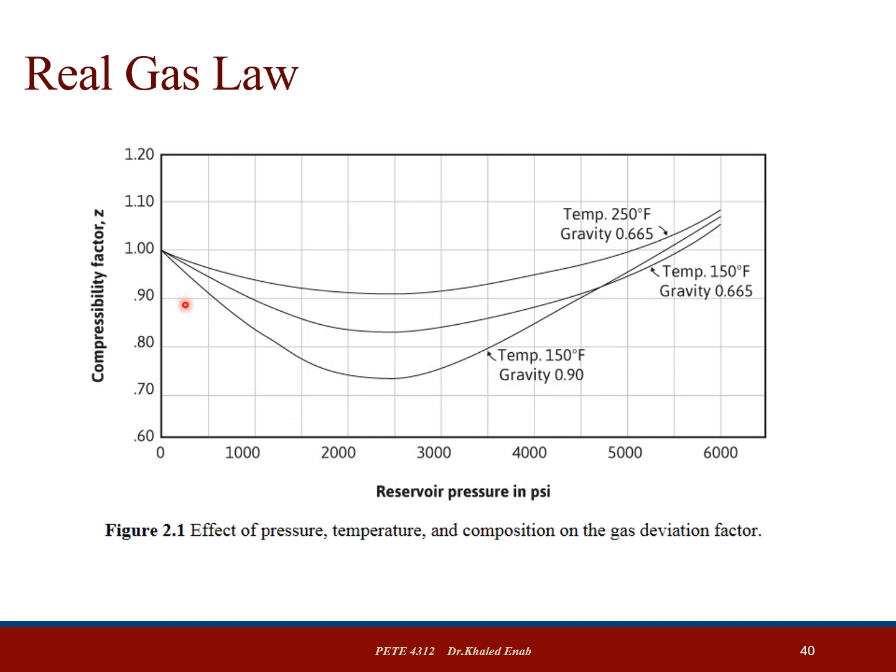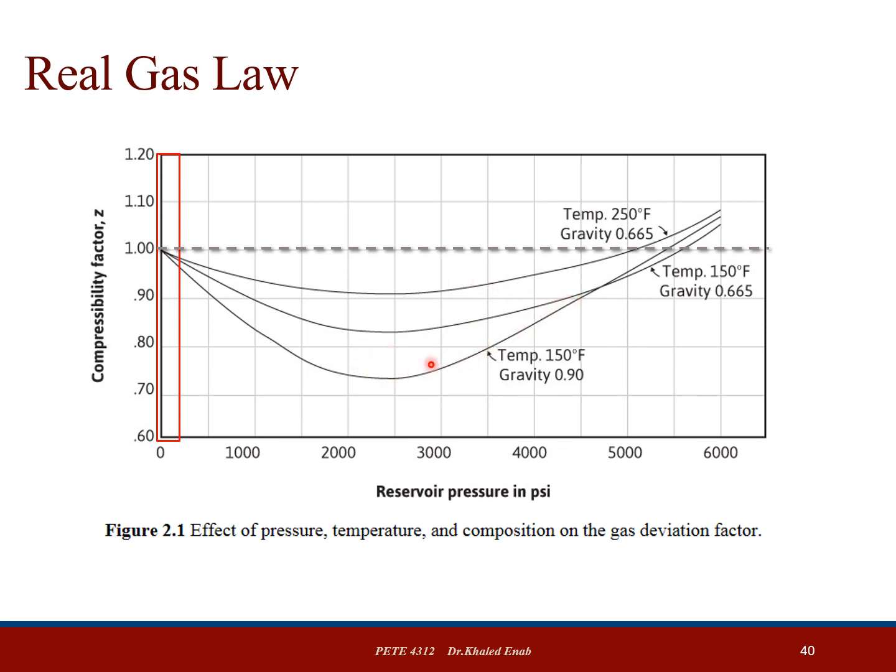So when we look at real gas behavior, with reservoir pressure on the x-axis and the compressibility factor on the y-axis, here we have one, which is ideal. We can notice that at low pressure, most gases, or all gases, will act ideally. Here we have 3 different gases.